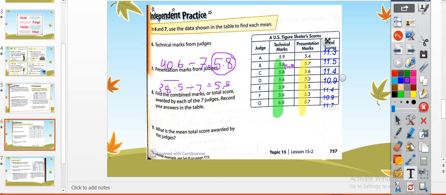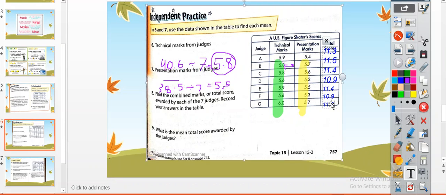Okay, now after you finish, you're gonna add those numbers together. The total of these numbers is 79.1.